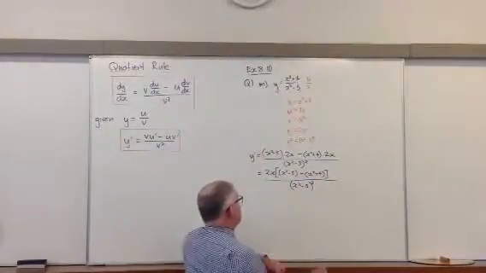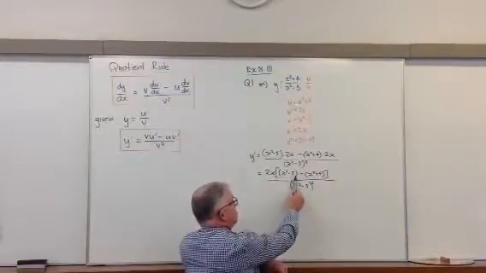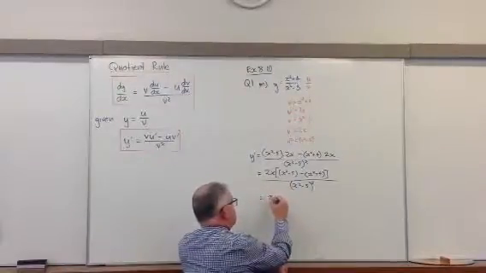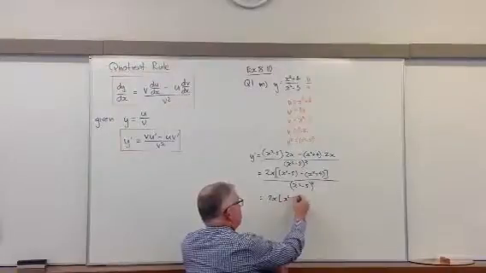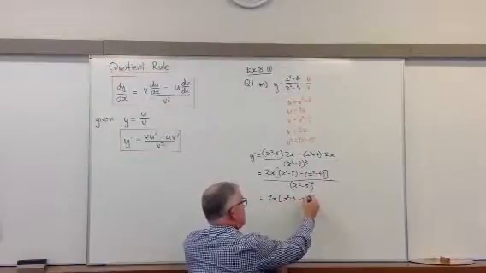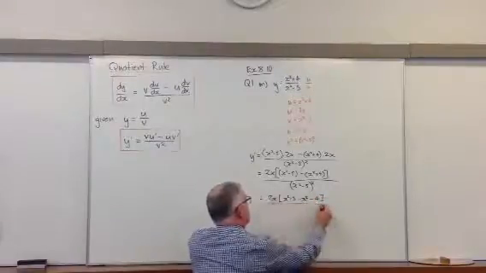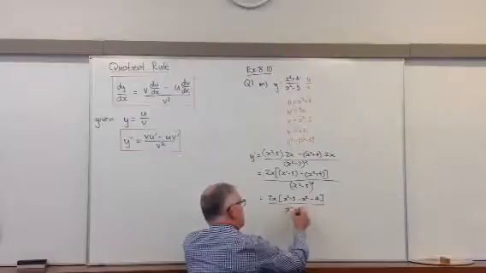Now what I'm going to do is remove these brackets from inside the square brackets. So we'll have 2x outside of x squared minus 5 minus x squared minus 4, all over x squared minus 5 all squared.